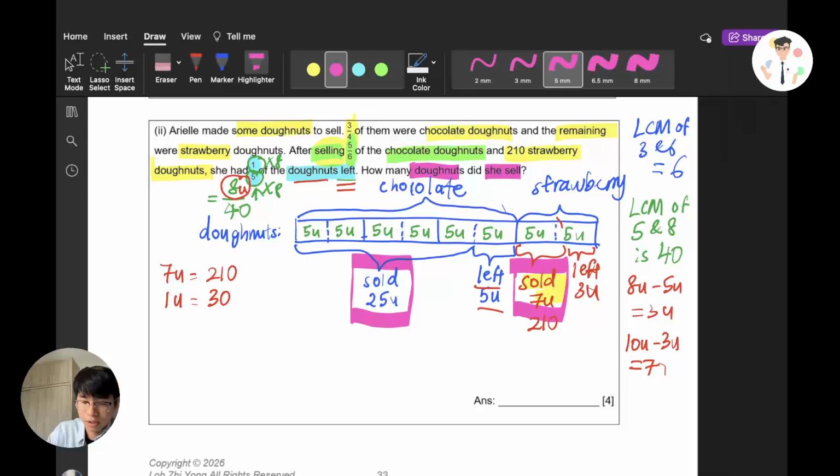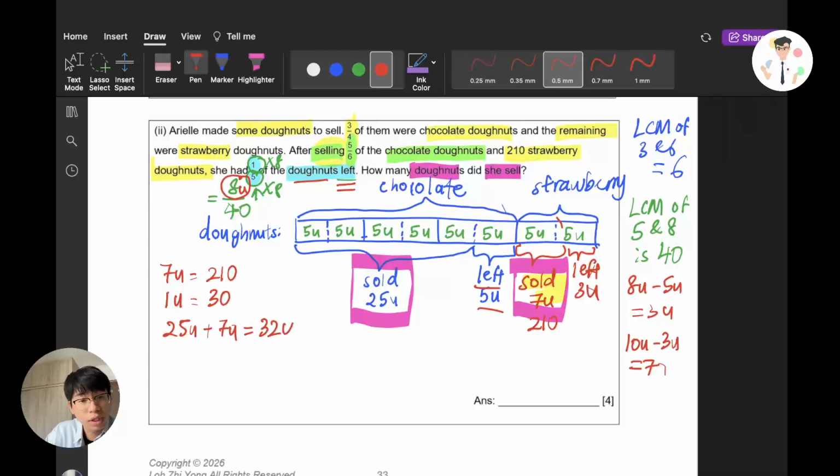What I can do is just add them together. 25 units plus 7 units. I know it's actually 32 units. If 1 unit is 30, then 32 units will be what? It will be 30 multiplied by 32, and I know it's 960 donuts.